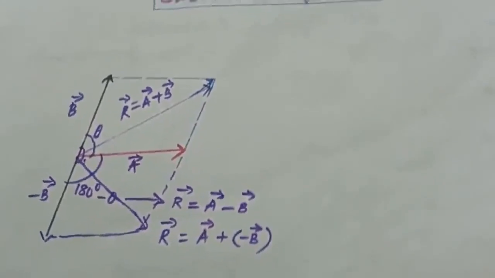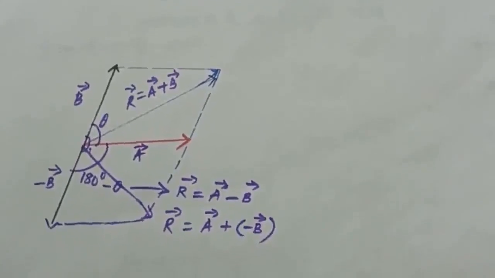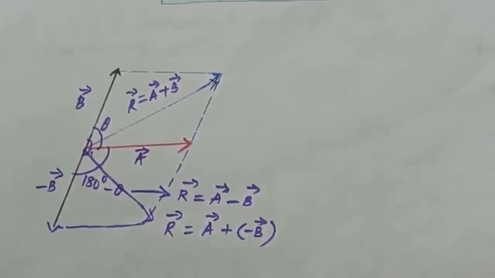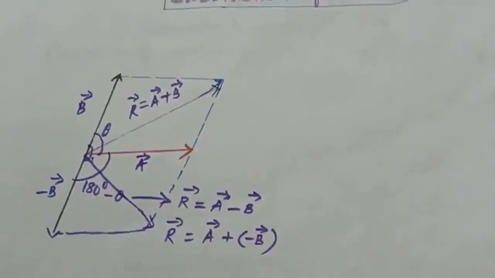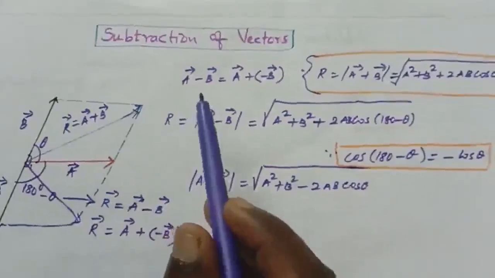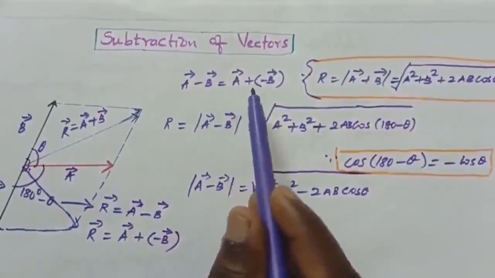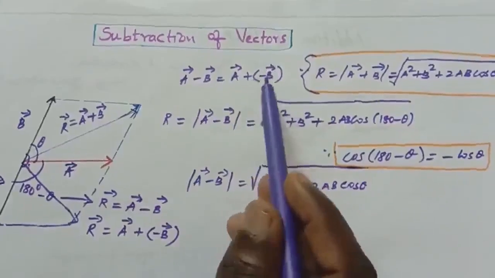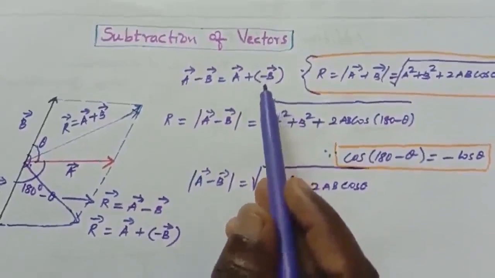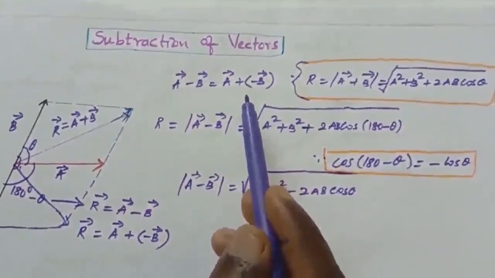Now we can find the magnitude of the resultant vector. Calculate A vector minus B vector, that is equal to A vector plus of minus B vector. So students, already you know the triangle law for magnitude of vectors.